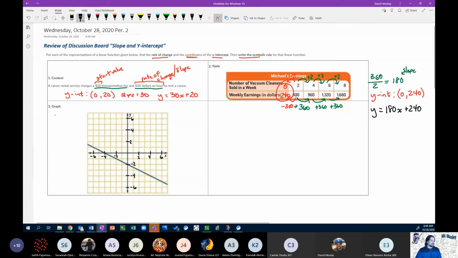Okay. All right, our last one here, using the graph. It's a little easier to see our y-intercept because it's just right here. The y-intercept is going to be at the point 0, -2.